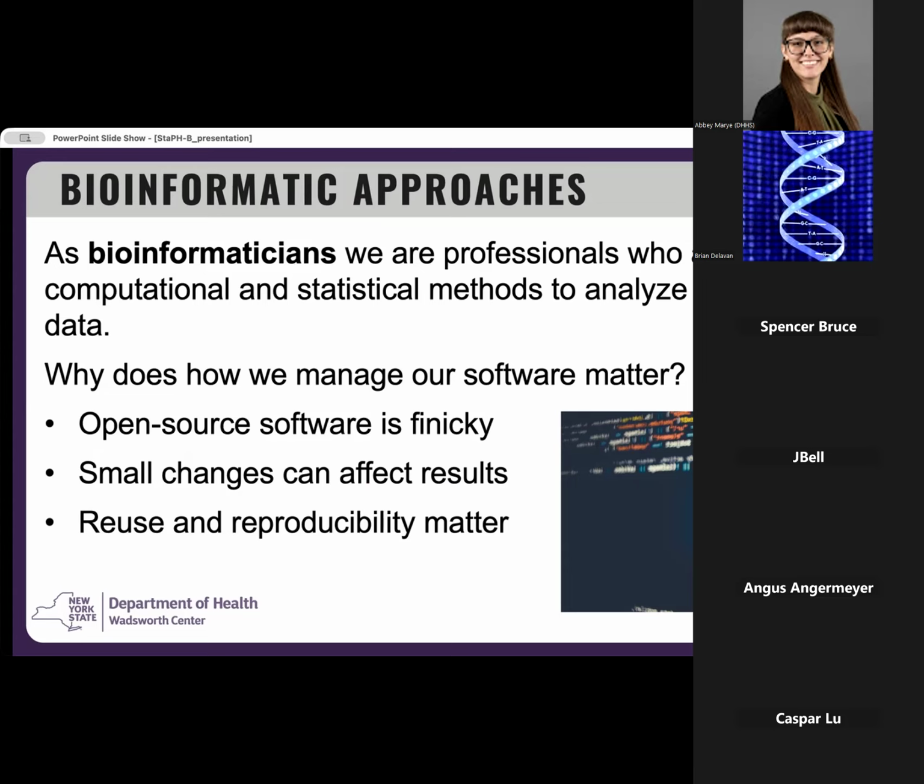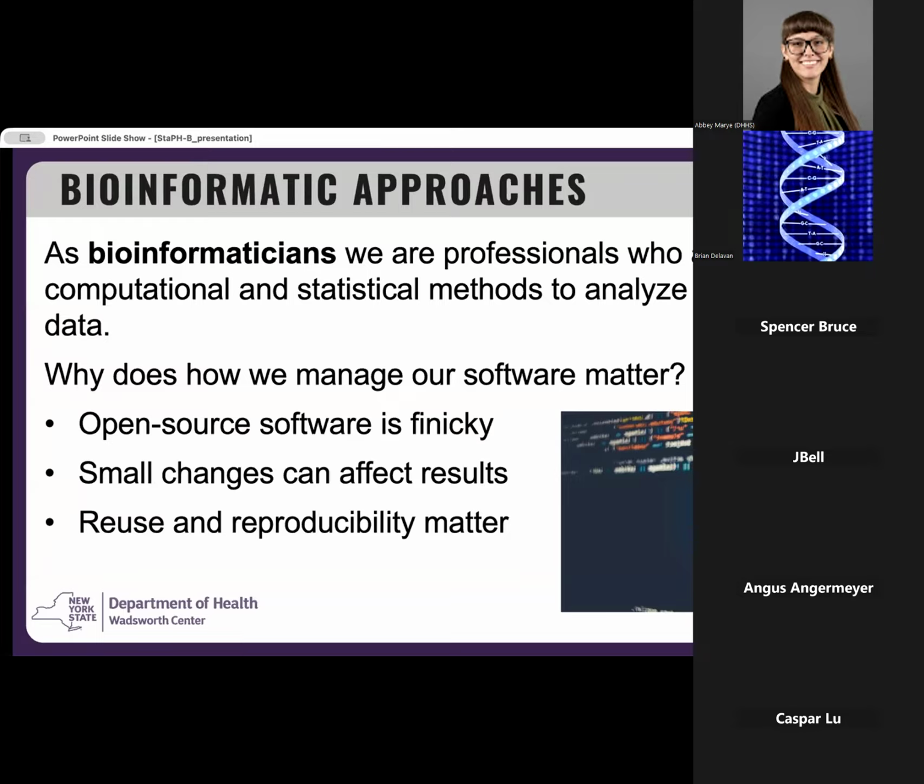I think Wadsworth is a little different than many other public health labs because we have both a clinical side, where we are producing pipelines to inform clinical decisions related to common infections, and a research side, where we do a lot of one-off work to support PIs who have various research endeavors. That one-off work usually means creating some sort of bioinformatic code for a peer-reviewed publication, a pilot project, or a grant.